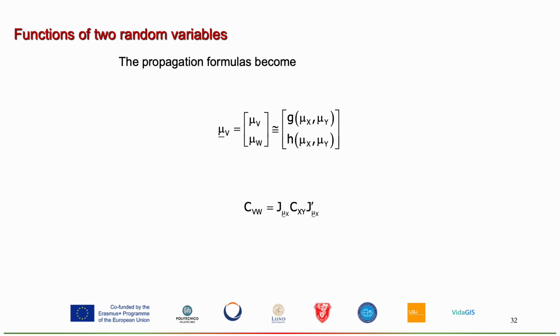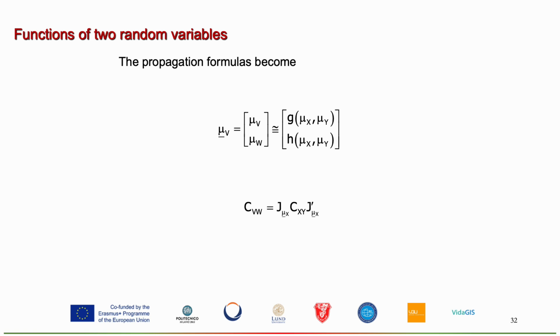So the propagation formula becomes, by linearization, as follows. The mu of v and the mu of w are almost equal to the g function evaluated in mu x, mu y and to the h function evaluated in mu x, mu y.